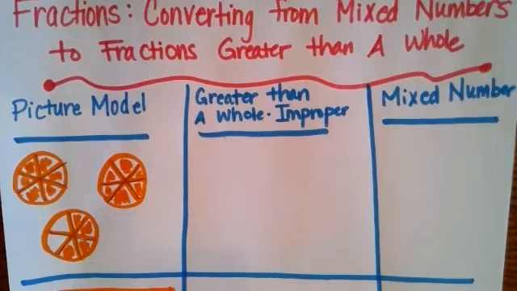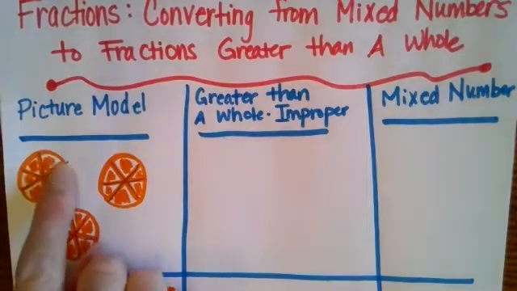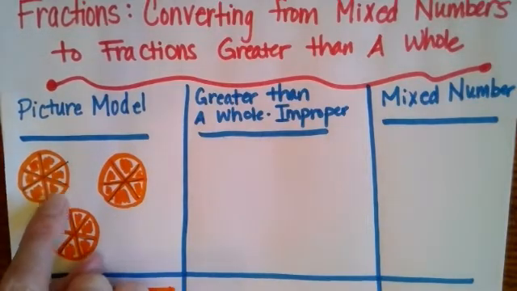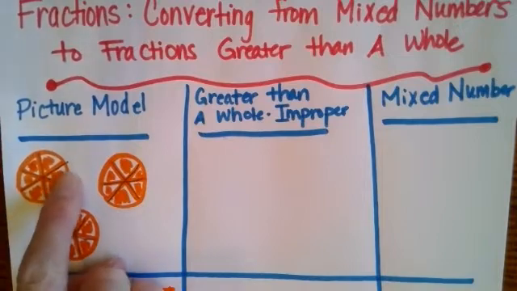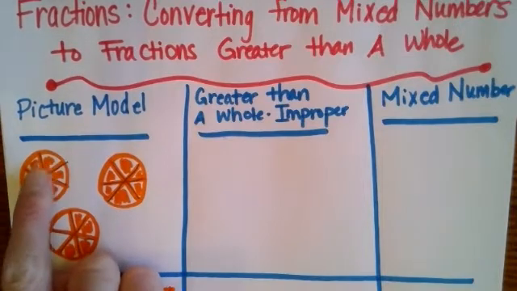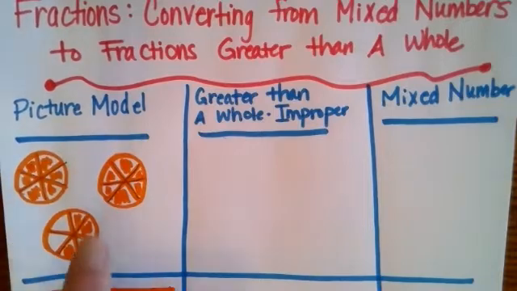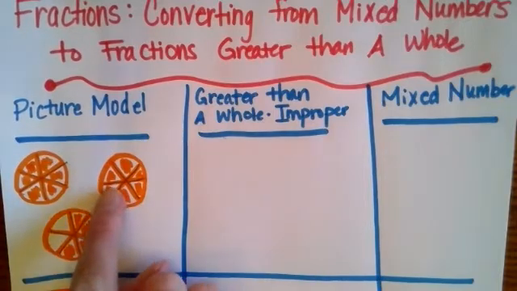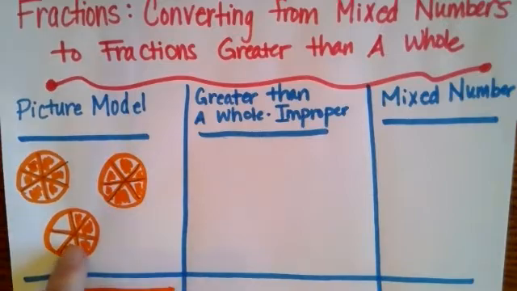Okay, I'm going to look with you first at this picture model. First of all, we need to figure out how many parts are in the whole. I have 1, 2, 3, 4, 5, 6. There are 6 parts in that whole. Let's just make sure they all have 6. 1, 2, 3, 4, 5, 6. Oh, 1, 2, 3, 4, 5, 6.